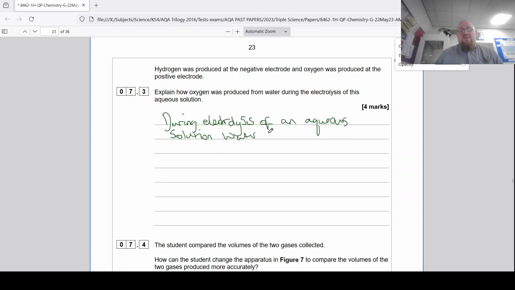So water splits into H+ and OH-. The OH- is attracted to the positive anode, negatives cathode. So anode.